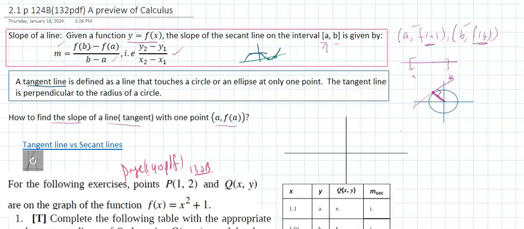The issue with it is we only have a point. So if we're given y equals f of x, a curve, and we would like to find the slope, let's say at a. Well, this is y equals f of x. So when you say a, y is obviously f of a. For a tangent line, imagine a circle.